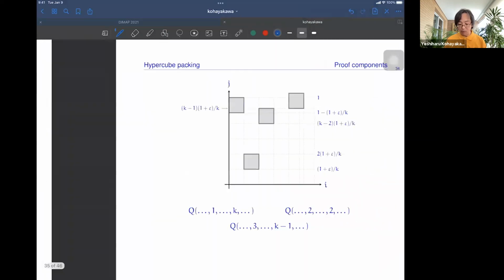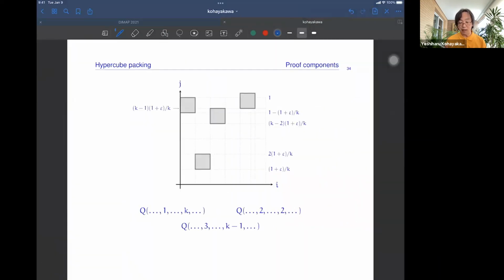Good. But anyway, I want to put the cubes according to this grid, so to speak. And I also want to label these things. So I will have label 1, 2, up to K. Now, this cube here is a copy of Q_k, which has base point 2 and 2 in coordinates I and J. This picture is 2-dimensional, but it's a projection onto the IJ plane, while I have D dimensions.